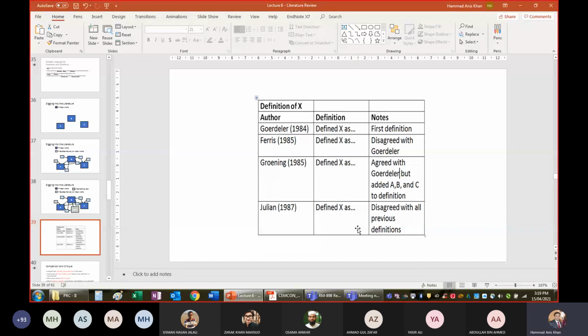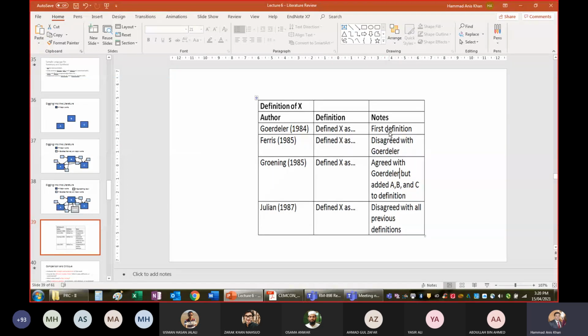So when you are critiquing, let's suppose there is a definition of an X by the first author in 1984. This is the first definition. Then another author comes in 1985 and defines the same thing, but he disagreed with the first author.